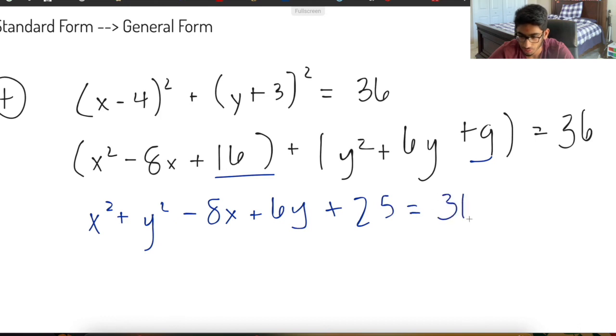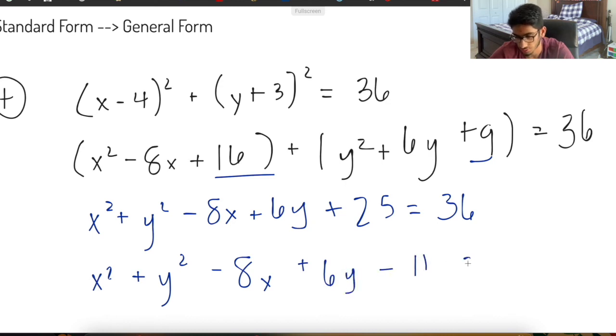And now, of course, we have to move our constant to the left side, because we're doing it into general form. And so we have x squared plus y squared minus 8x plus 6y minus 11 equals 0. So this right here is our general form.